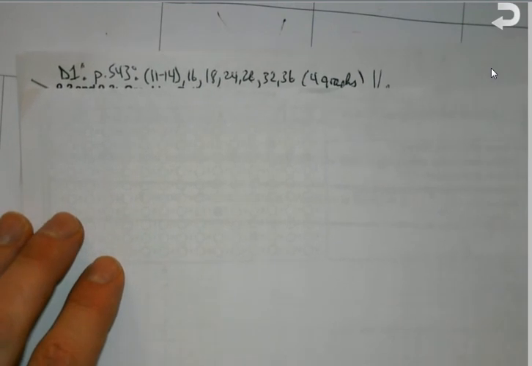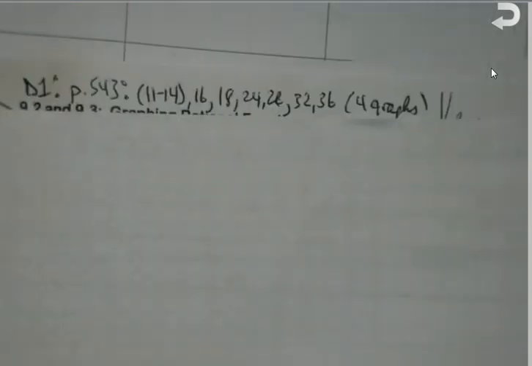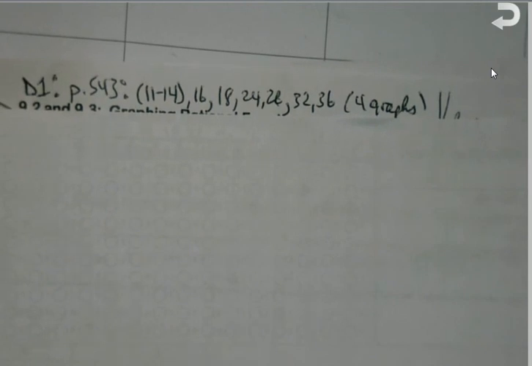It's on 543, 11 through 14. We'll jumbo size this a little bit. 16, 18, 24, if it ever comes back into focus. Here it comes. 26, why are you going the other way? 32, thank you. And 36.